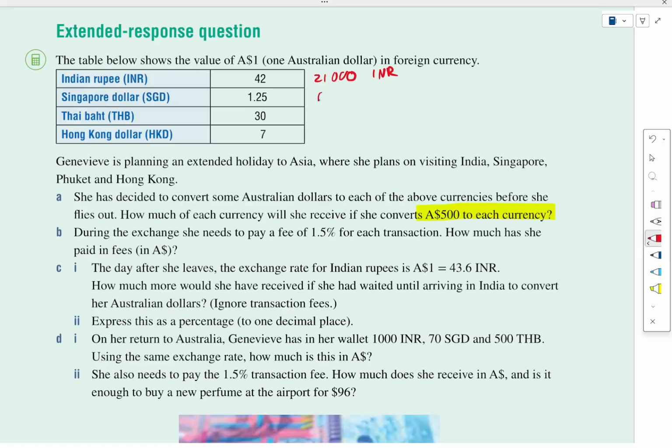625. Yep. SGD. Yep. 15,000. Yep. 350. Yep. Okay. Now that's A. During the exchange, she needs to pay a fee of 1.5%. How much has she paid in fees?